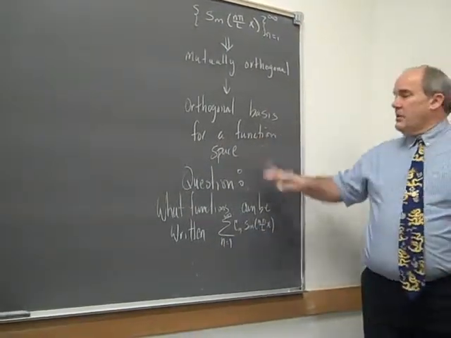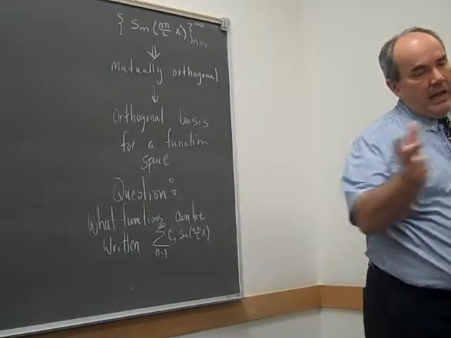When we say this is a basis for a function space, sure enough, if you add them together, you get other functions. So there is a set of functions which can be written as sums of these particular functions. The question is, how big is that space? What functions can you get away with?